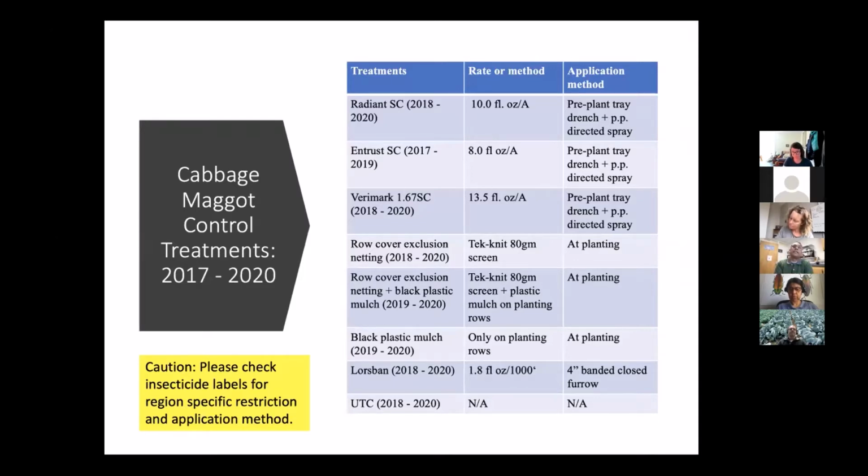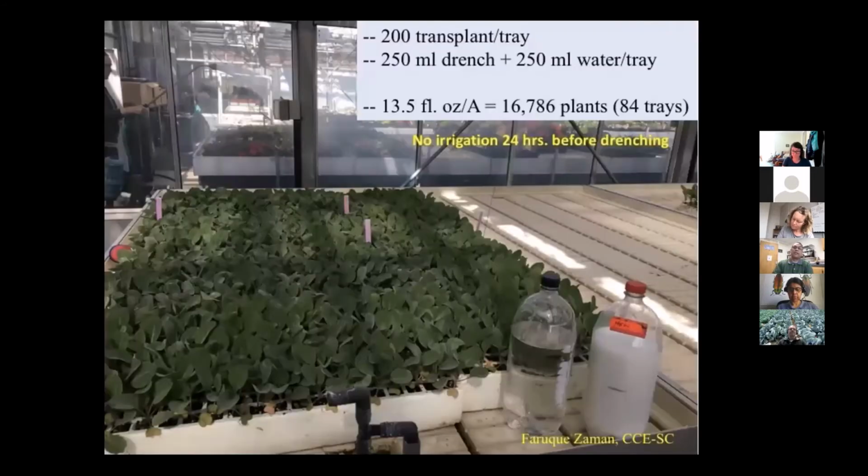We tested Radiant, Entrust, Verimark, and some row cover exclusion netting methods, and we compared them with Lorsban. We used some of the insecticides as a pre-transplant treatment, as well as a direct application after 2 weeks.